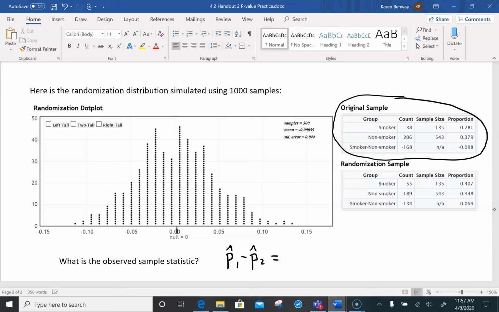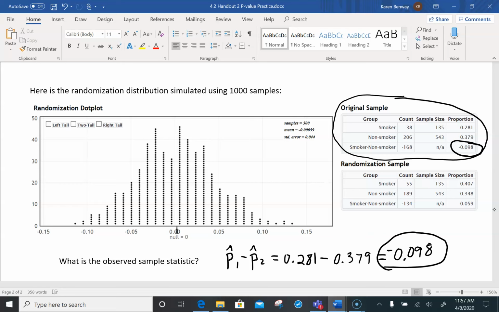We can see that the P hat for the smokers was 0.281. The P hat for the non-smokers was 0.379. And the difference in those proportions was negative 0.098. So that is our sample statistic. And again, I can take it from over here, my original sample.